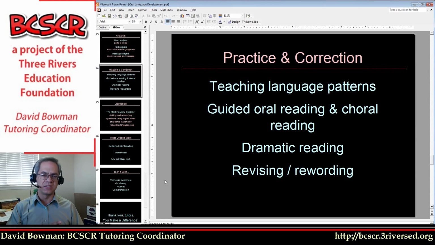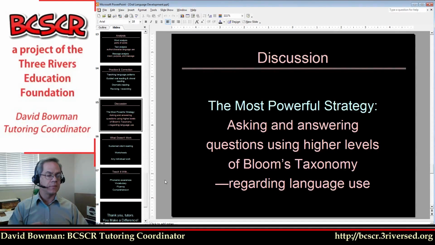Choral reading is also very effective for this, as is any type of dramatic reading, and certainly any type of revising or rewording. Okay, the author said it this way, what's another way to say that? The character said these things, what's another way to say that? Okay, so all of that gives us that practice and correction.